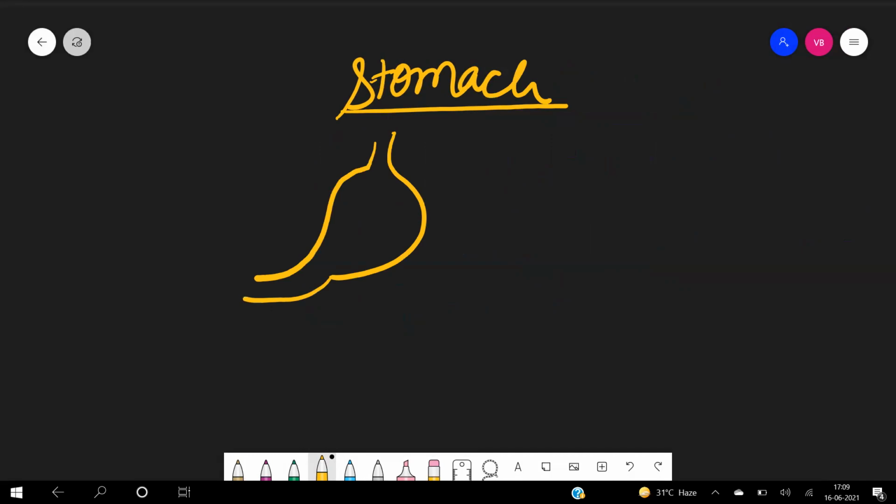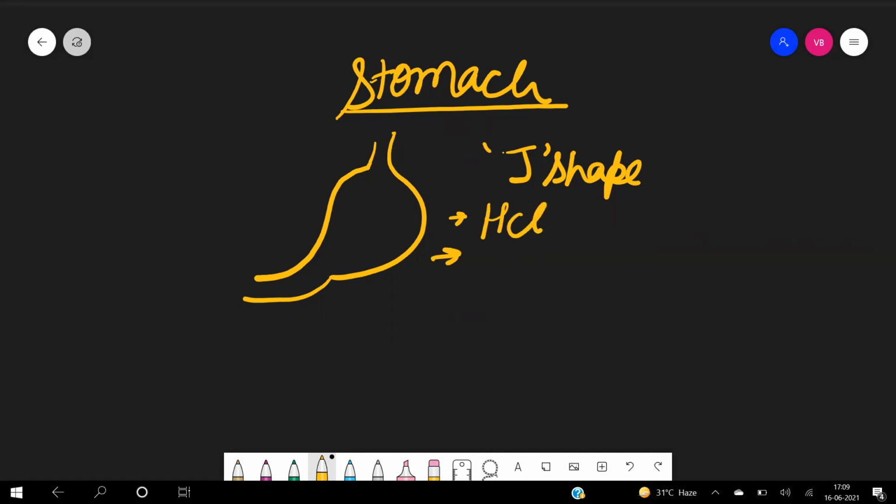And what does this stomach contain? It contains basically three things. So inside the stomach, three things are present, that is HCl.